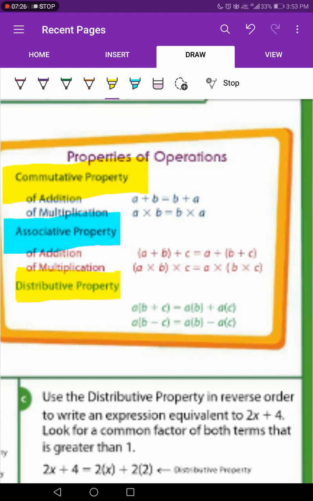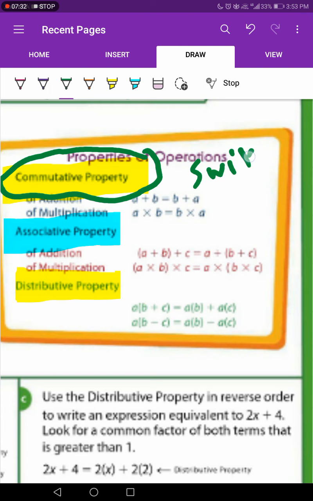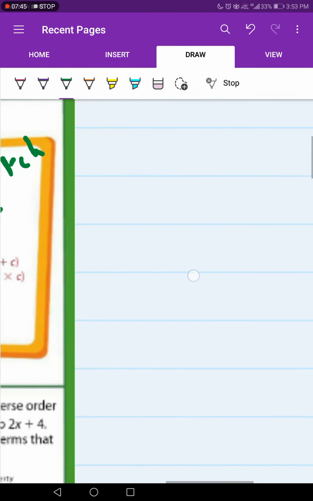Commutative property, I can switch. Associative, I can start from anywhere. And distributive property, now we will study it.